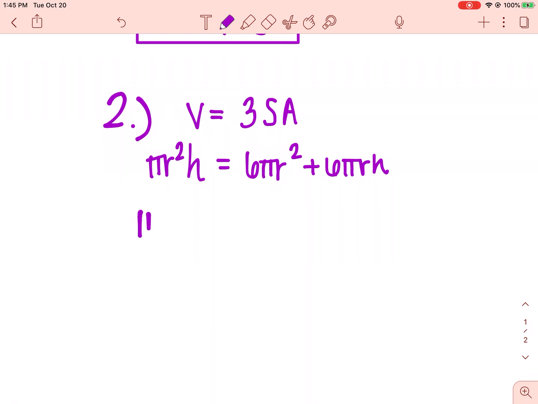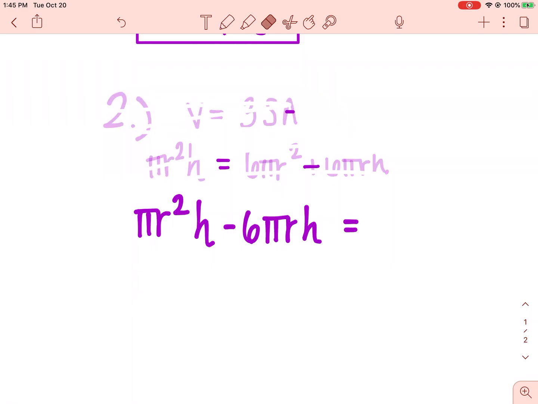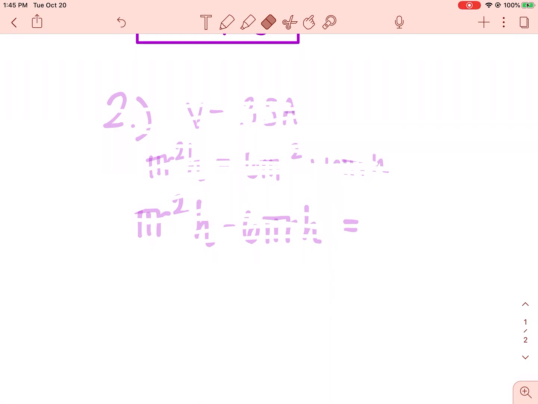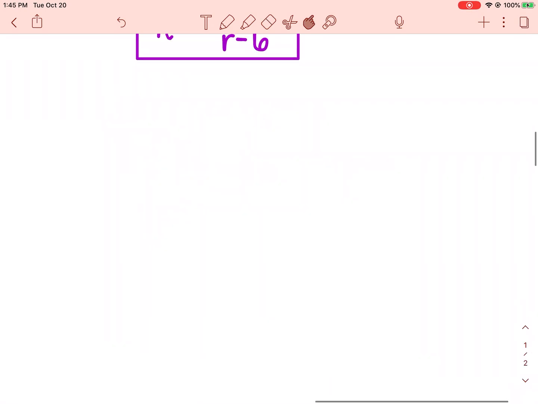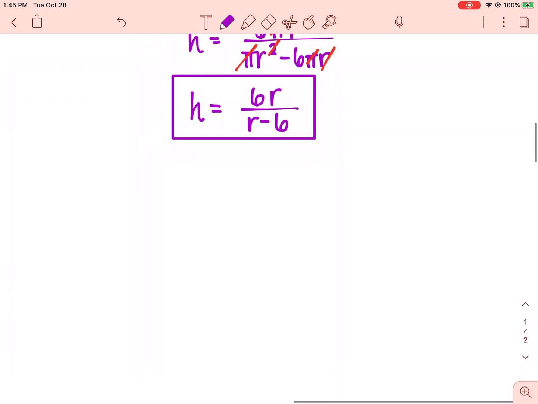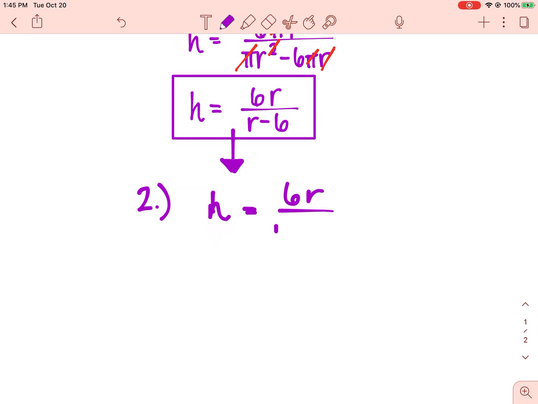So I'm going to go pi r squared h minus 6 pi r h. Oh, actually, easier way, my dears. Oh, look at me, right? You totally can do that. It'll take a little bit of time. But realize, for part 2, oh, look at that. I can just take this problem. h equals 6r over r minus 6.